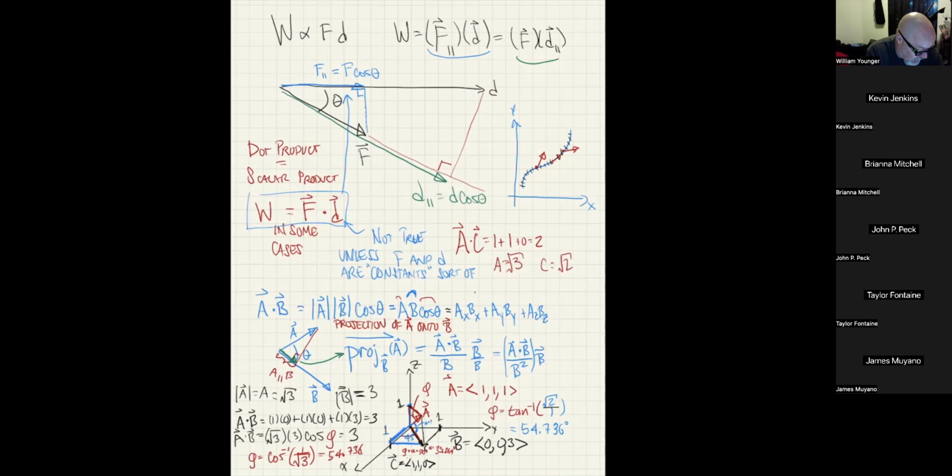So A dot C, I keep wanting to write a B there, is actually equal to the square root of 3 times the square root of 2 times the cosine of alpha. But that, of course, equals 2. So I think you can see that alpha will, in fact, be the inverse cosine of 2 over root 6.